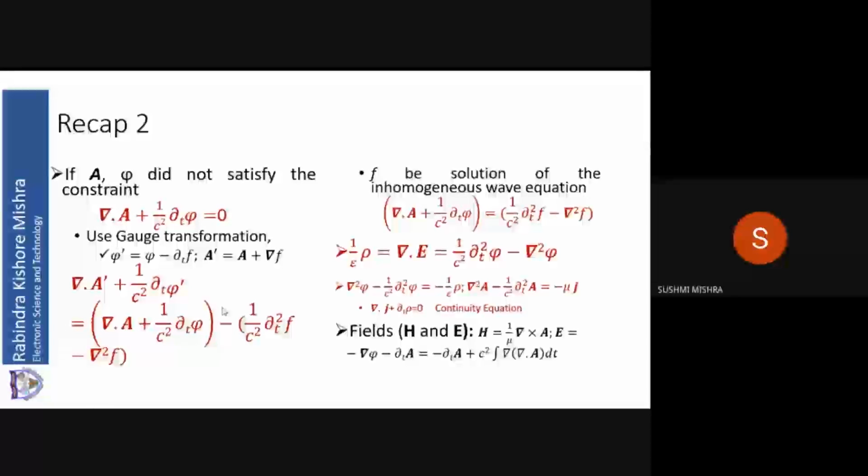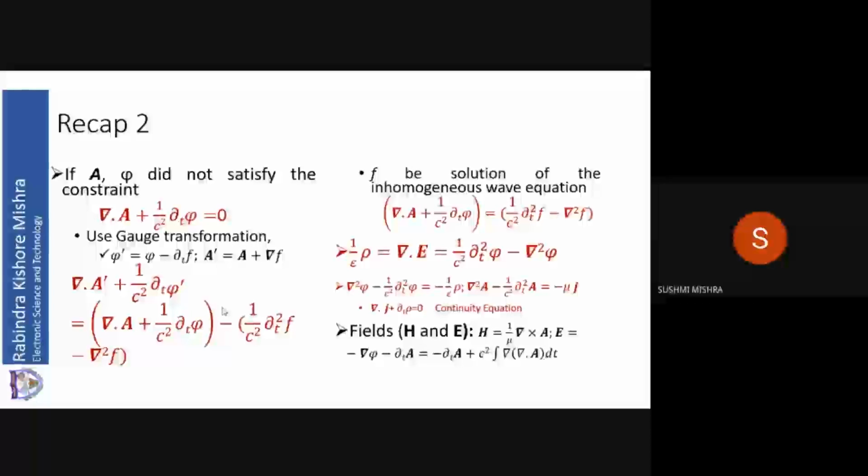Then we said that we knew 1 by epsilon into rho, where rho is the charge density, is equal to divergence of electric field. For divergence of electric field, we can again write 1 by c square dou square phi by dou t square minus del square phi. This we have already seen.